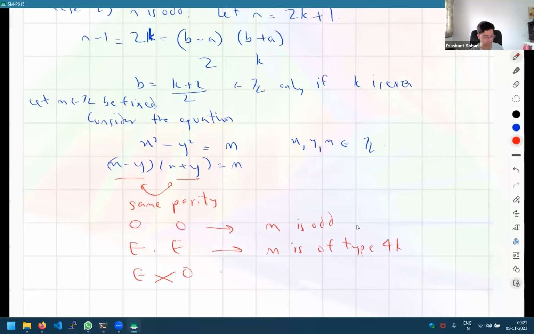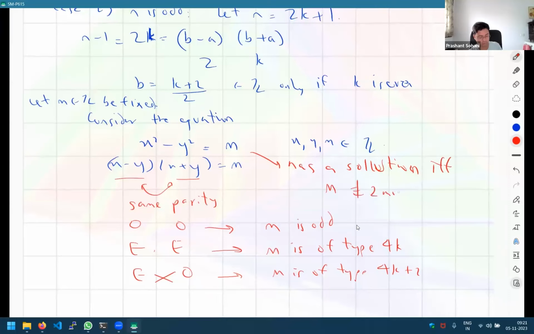But if one is even and one is odd, then m is of the type 4k plus 2. So basically the conclusion is that this equation has a solution if and only if m is not congruent to 2 mod 4.